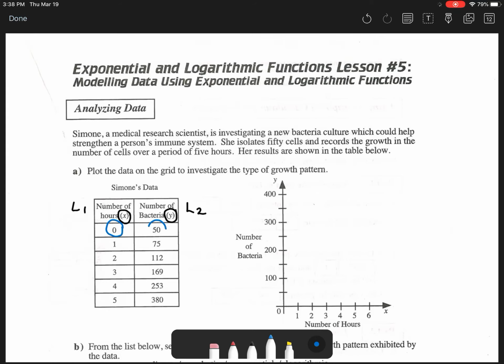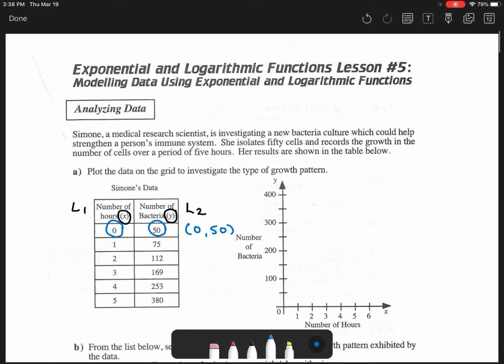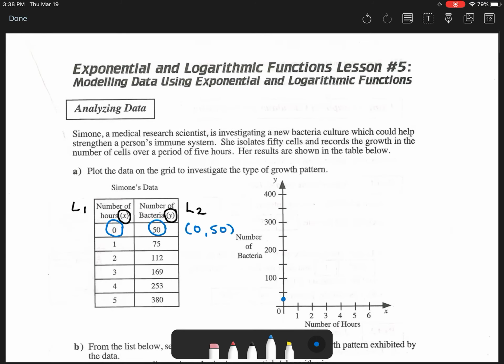Basically plotting the data, the first point comes from the first X and Y values, so 0, 50 is the first point that I put on the graph, right there. I can see that the y-axis is going up by 50.